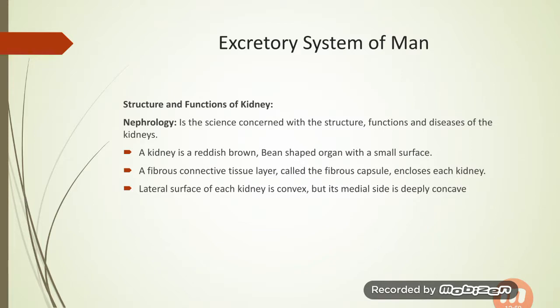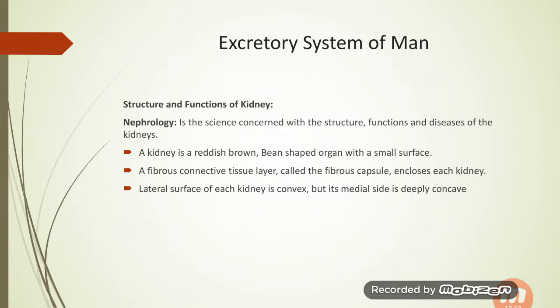Then if we talk about these structures in detail, the study of the structure and functions of the kidney is called nephrology. Nephrology is the science that is concerned with the structure, functions and diseases of the kidneys. So everything that we study under the heading of kidneys is called nephrology.